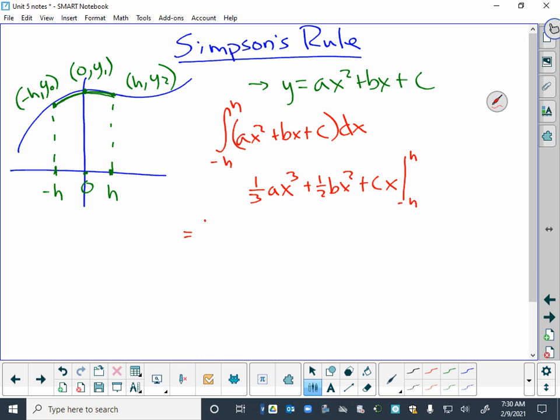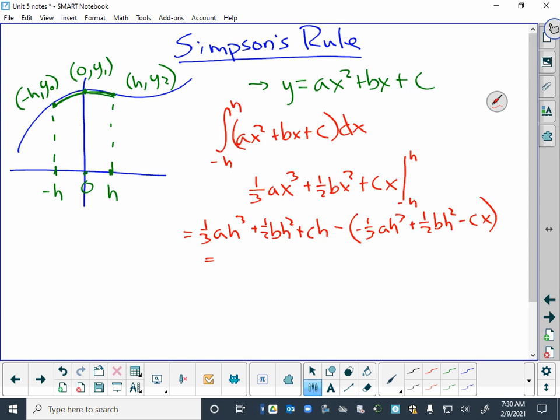So when we put an h in, we get 1/3 a h cubed plus 1/2 bh squared plus ch, and then we'll subtract what we get for negative h, which comes out to negative 1/3 ah cubed plus 1/2 bh squared, since the squaring ignores the negative, minus ch.